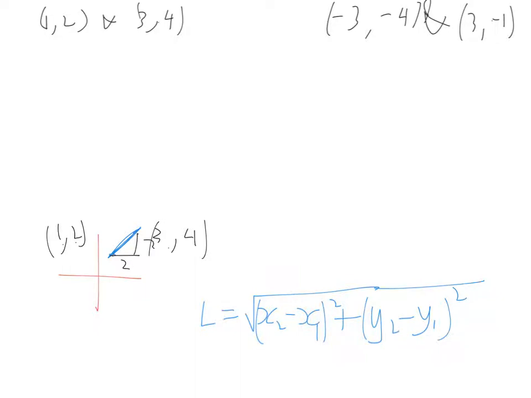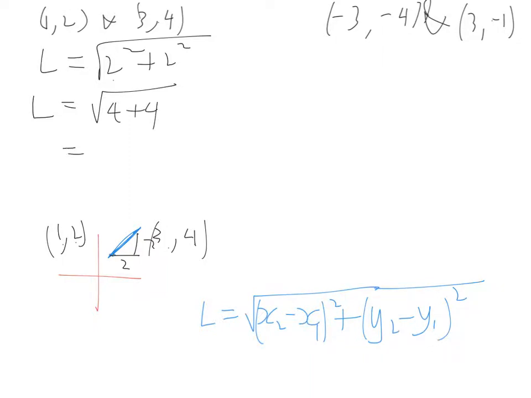So then our length is just going to be 2 squared plus 2 squared, and we find the square root of that. So L equals the square root of 2 squared, which is 4, plus 4. So we end up with the square root of 8, or 2 root 2.